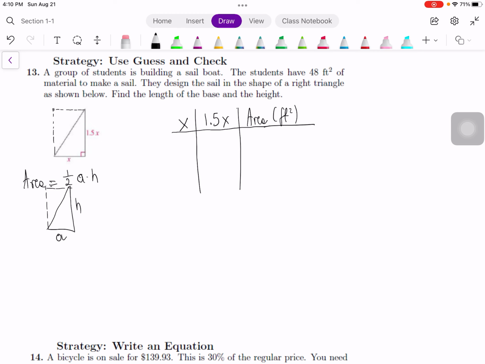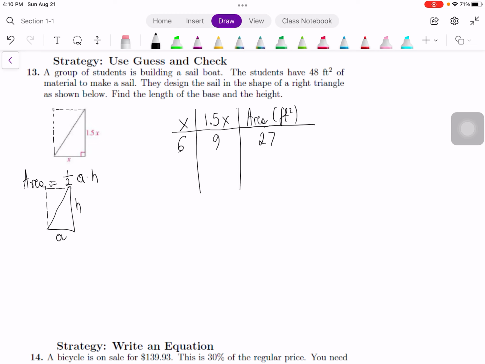I want 1.5 times, so I'm going to take an even length. So 6, and 1.5 times that is 6 plus 3, so 9, all in feet. 6 feet, 9 feet, so the area is half of 6 times 9. 6 times 9 is 54, so half of it is 27 square feet.